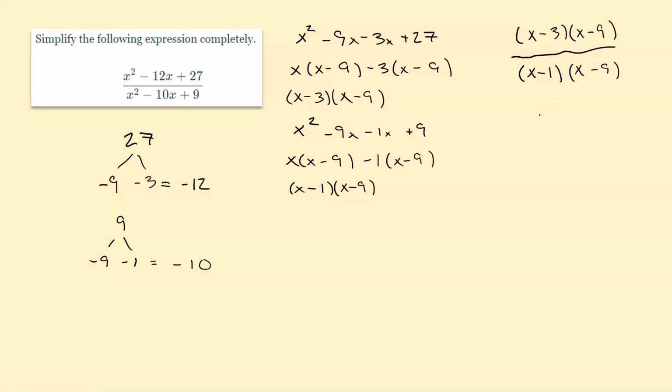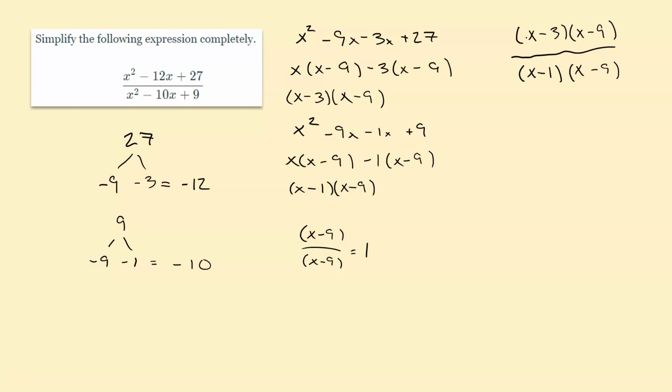Now we want to see if anything cancels. That means if we have the same factors on the numerator and the denominator. Right here, I see I have x minus 9 over x minus 9. If I were to write that separately, we know that that would simplify to just 1.